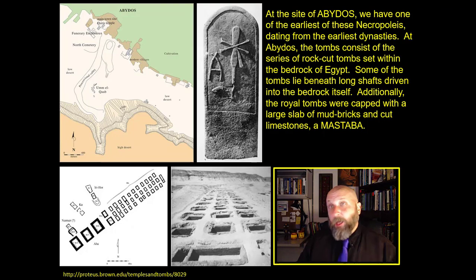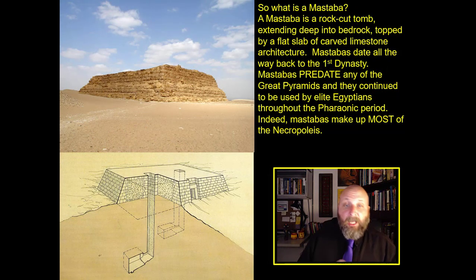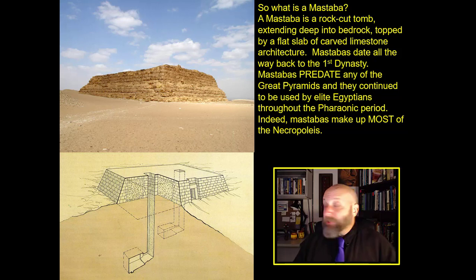So, what actually is a mastaba? All right. That right there is a mastaba, okay? A mastaba is a rock-cut tomb. You can see the diagram there on the lower left. So you clear the desert sands, you drive a shaft down into bedrock. At the bottom of this shaft, you carve out a tomb chamber. That's where the person is going to stay.